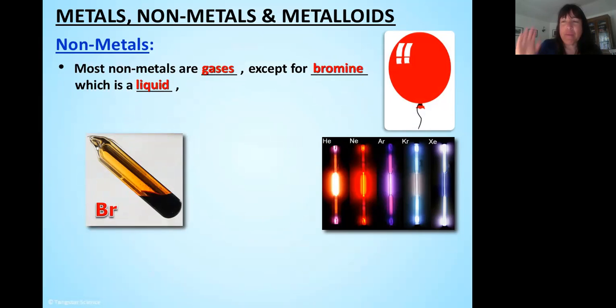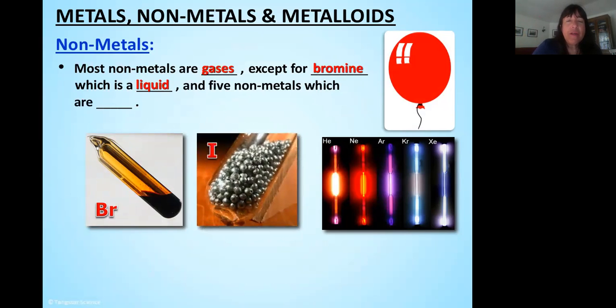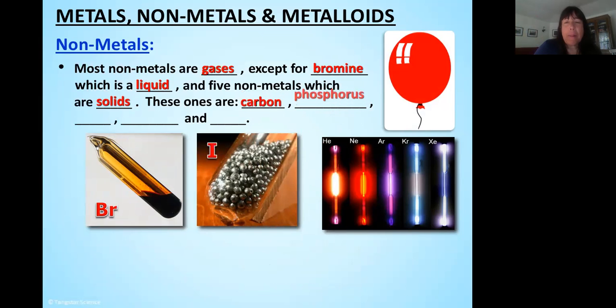If you look at family number 18 on a periodic table, you'd see it goes from helium down to xenon. And 5 nonmetals, which are all solids. So we have solid, liquid, and gases for the nonmetals. The solids are carbon, phosphorus, sulfur, selenium, and iodine. Okay, that's a very small list of nonmetals.